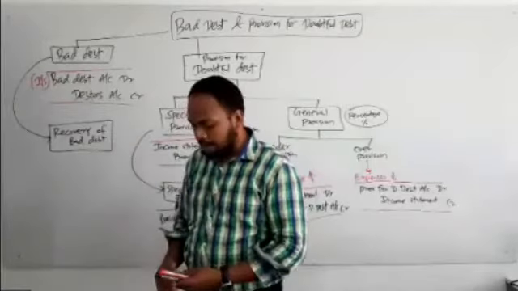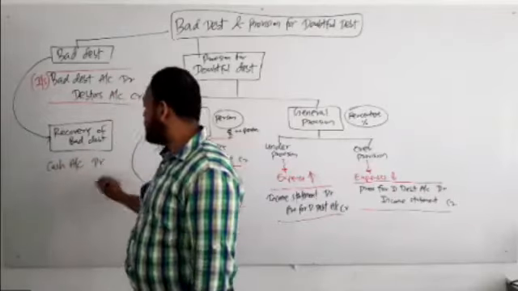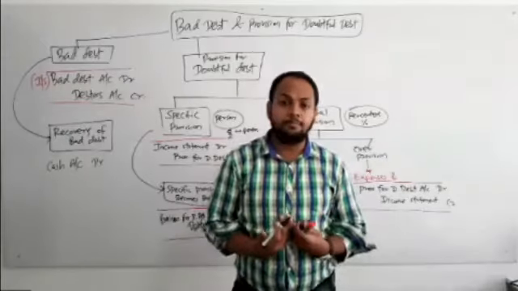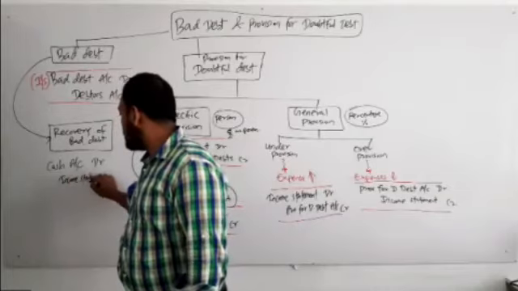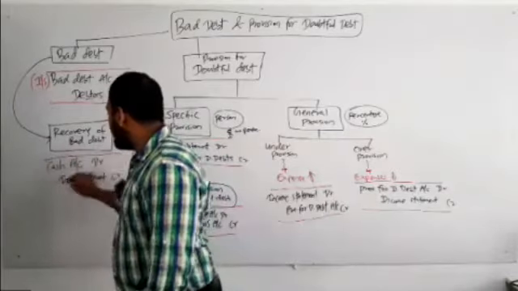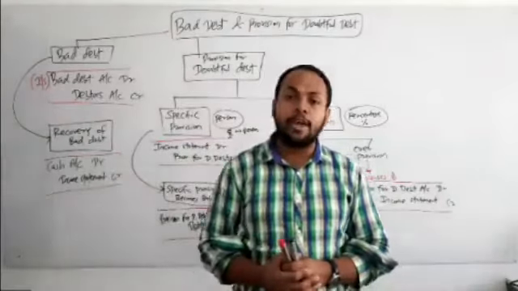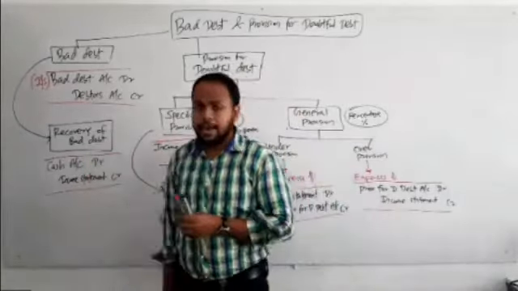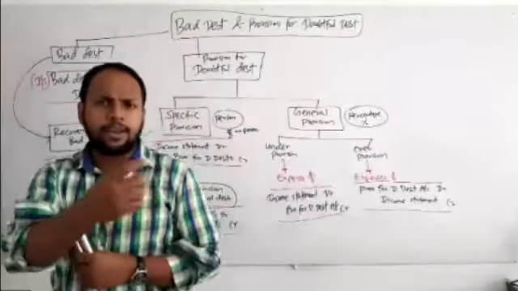If you are receiving money, cash or bank will be debit, and income statement credit. Or if we are preparing a common account for bad and doubtful debt, you can credit the bad and doubtful debt account.